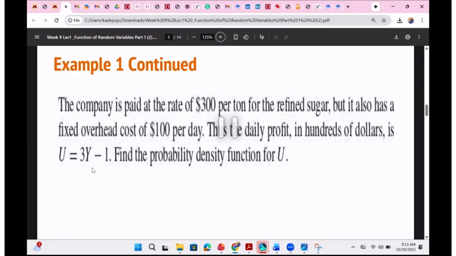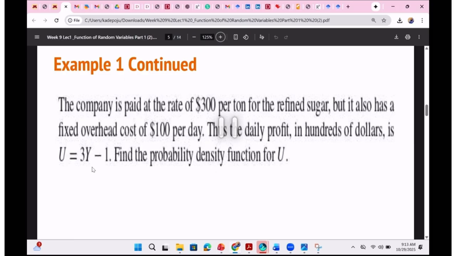Now the question is, if the company wants to determine the average profit or the variance of profit, the company needs a probability function for u. But we do not have a probability function for u right now. We only have the probability function for y.